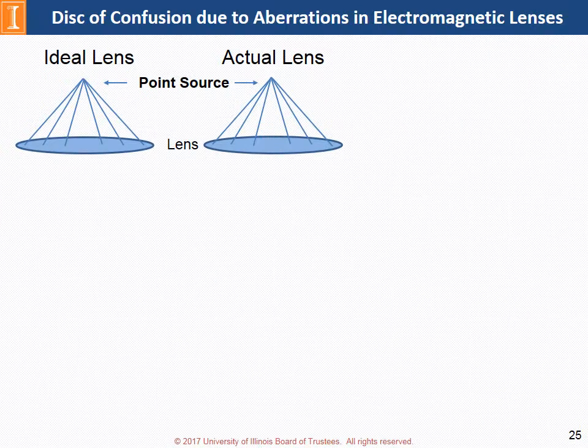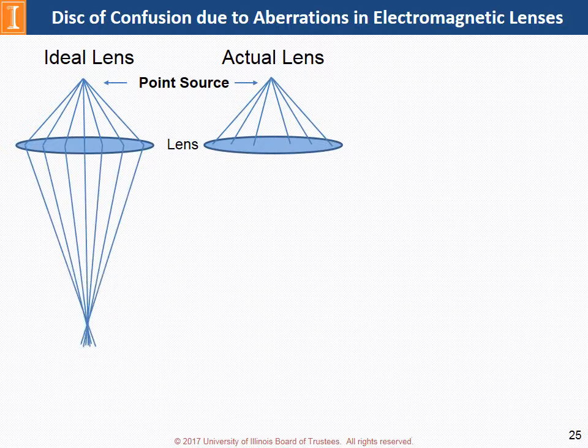As mentioned previously, in a perfect optical system, the resolution limit is eventually set by the illumination wavelength. But there is no perfect optical system, so there are always other resolution limiting factors. For an ideal lens, beams that are emitted from a point source will be focused to the same plane.